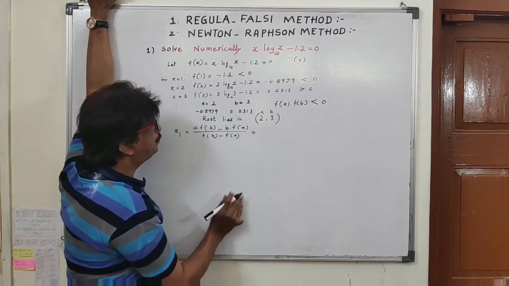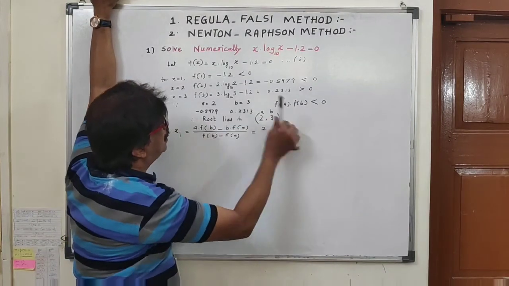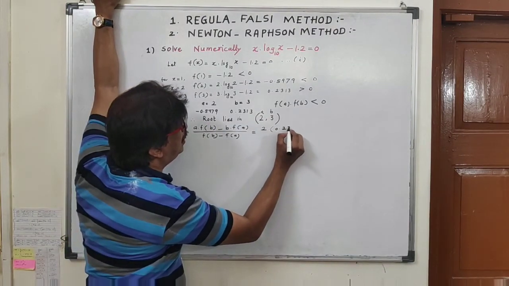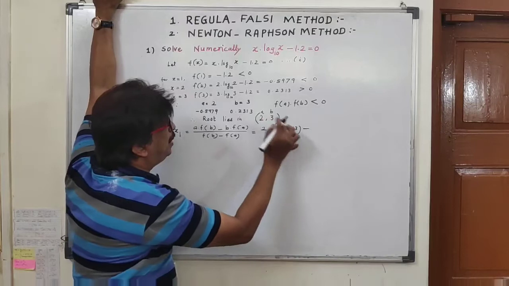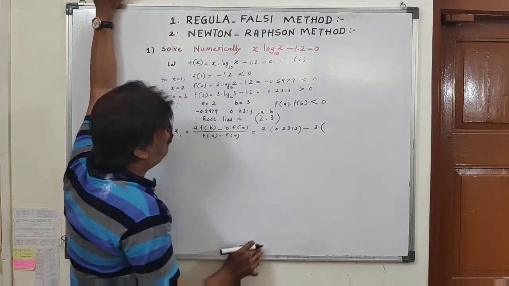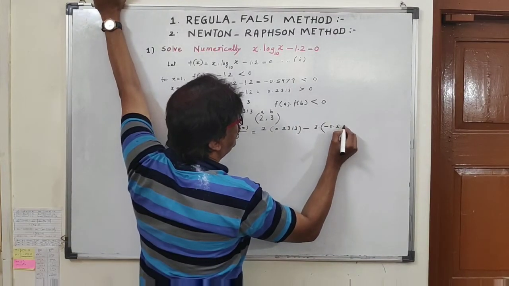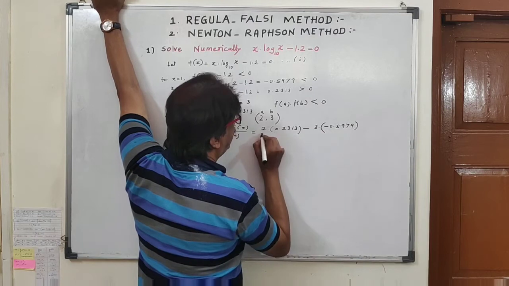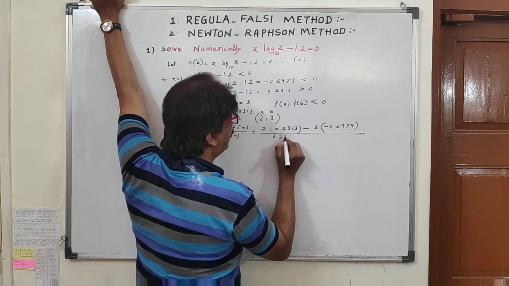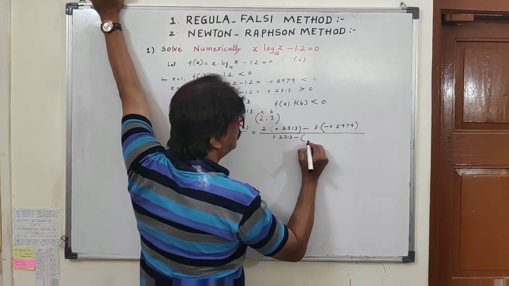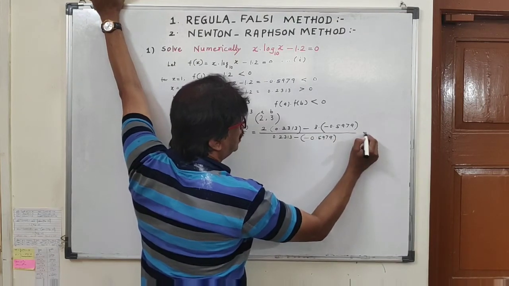That is equal to 2 into 0.2313, which is f of b, minus 3 into f of a, where f of a is minus 0.5979, divided by 0.2313 minus of minus 0.5979.